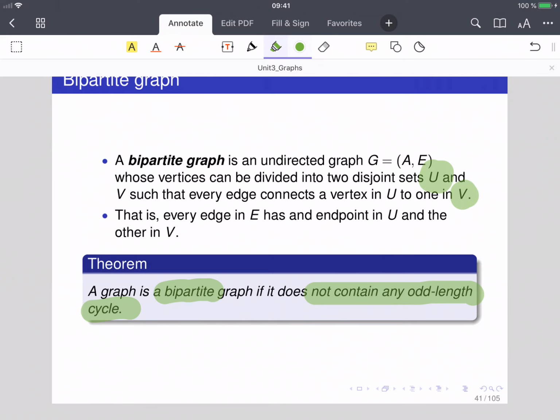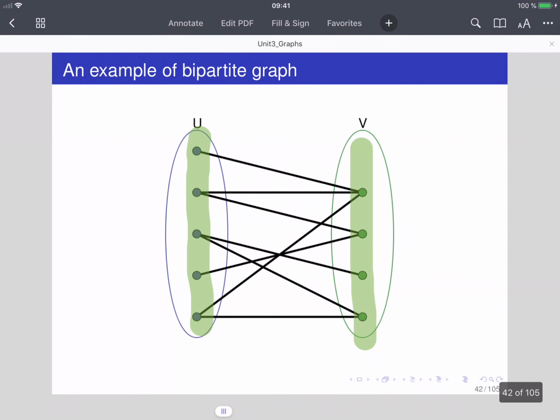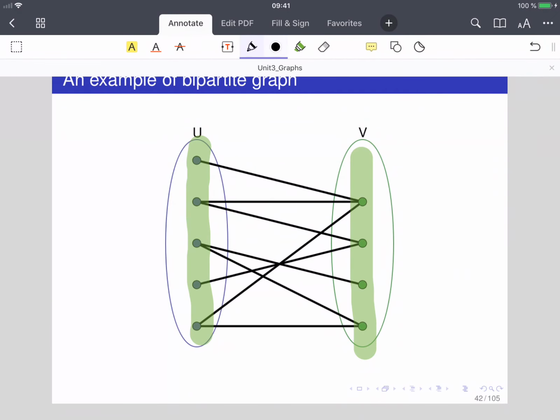And the idea here is that, of course, if we have two different parts and we have no connections among the vertices in U or among the vertices in V, then if we want to go from a vertex to itself using some edges in the graph, if we want to form a cycle, we always have to go back and forth between U and V. When I'm in U, I need to use an edge to go to V. And to return to U to close the cycle, I need to use another edge to go to U. I cannot go inside V because there are no connections there.